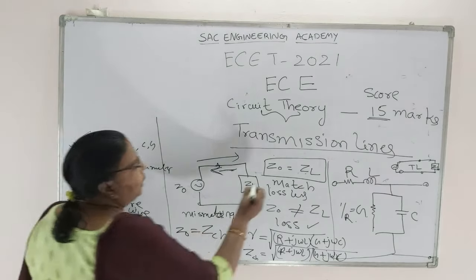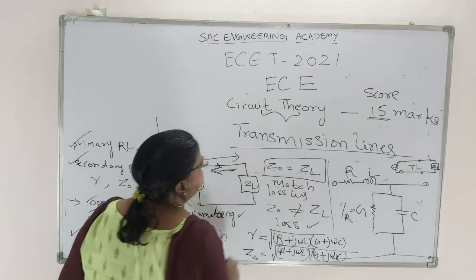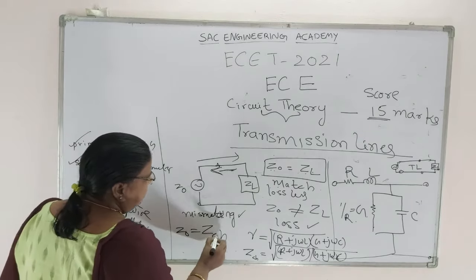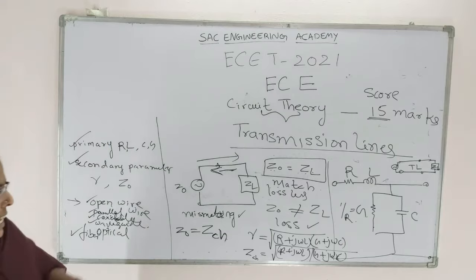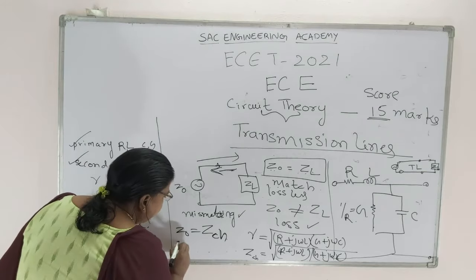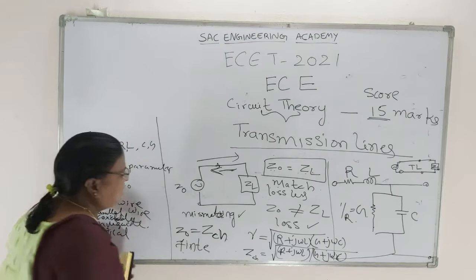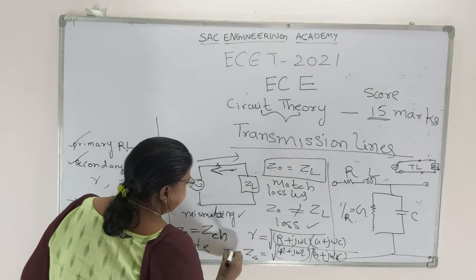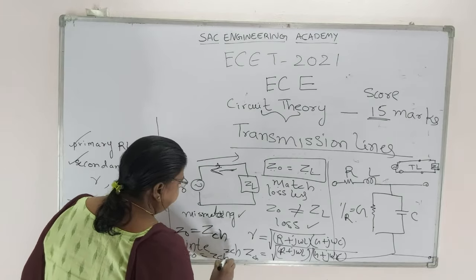When Z0 and ZL are both equal, it is matching, which is what we call good impedance matching. When the transmission line is finite and terminated by the characteristic impedance, then the input impedance Z0 is also the characteristic impedance.